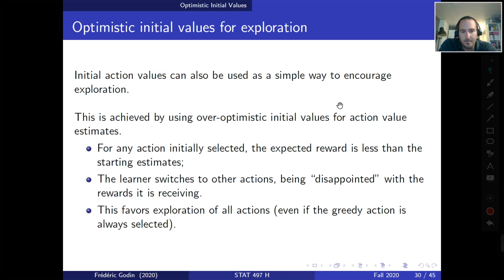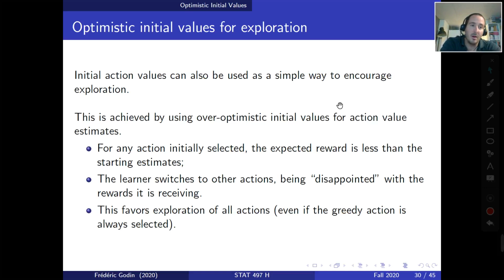So what's going to happen in that case? Whatever action you take, because your initial estimates are overly optimistic, the expected rewards for all actions are lower than the initial estimate you've postulated.